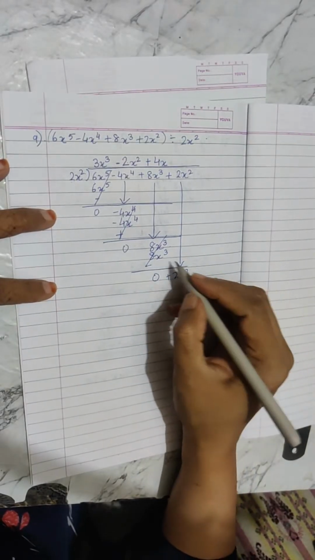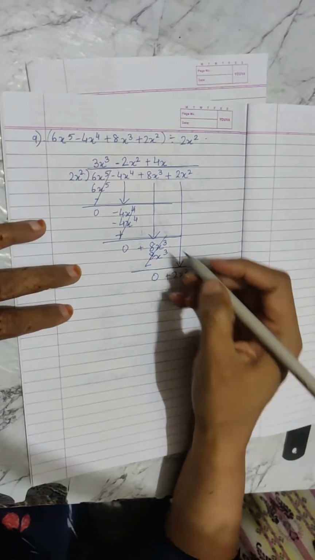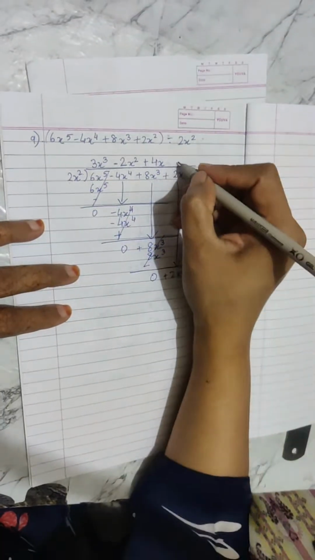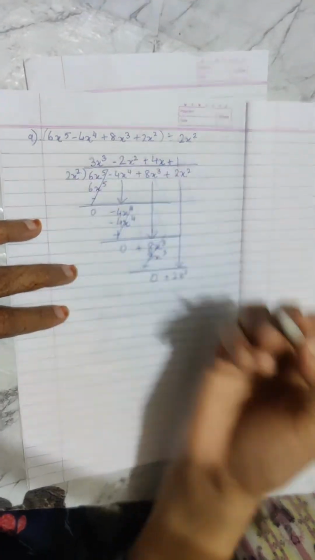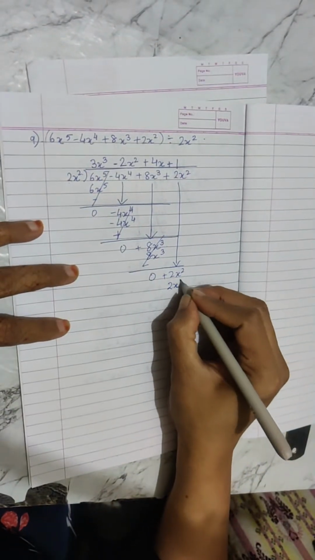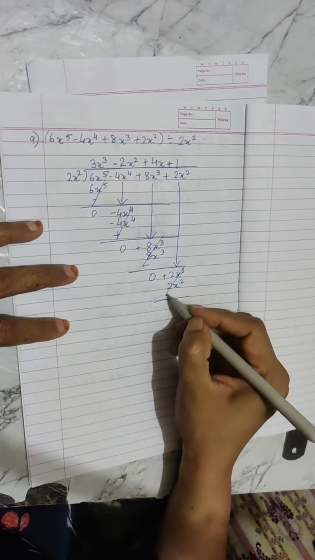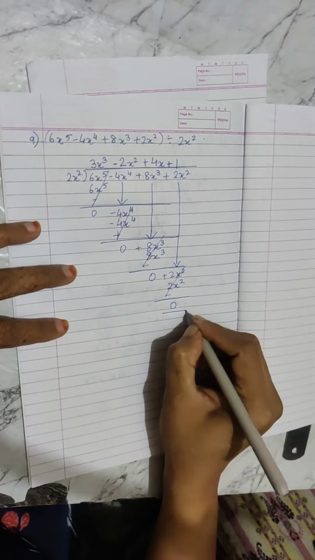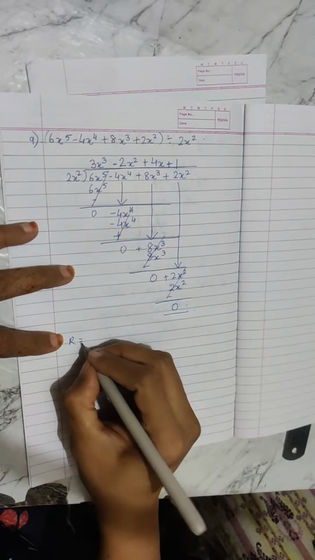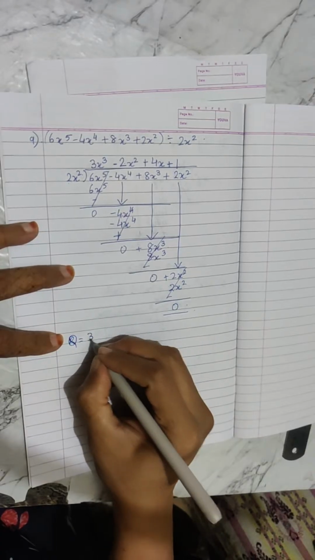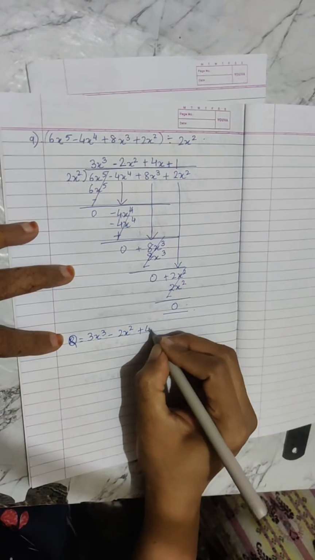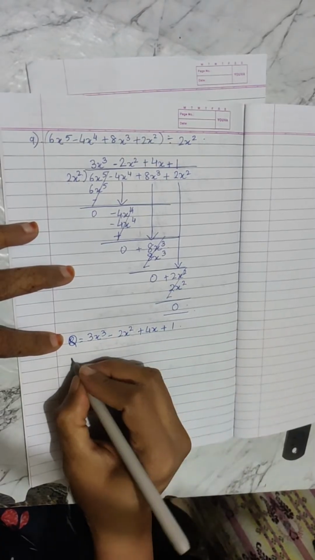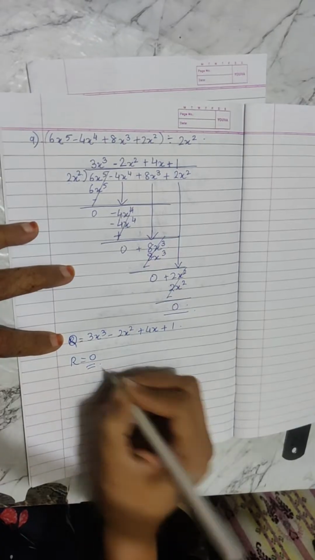That is 2x square. 2 1s are 2. So 1, there's a plus sign. So put a plus sign. X square gets cancelled. Change the sign. Everything gets cancelled. You get a 0. So quotient is 3x cube minus 2x square plus 4x plus 1 and the remainder is 0.